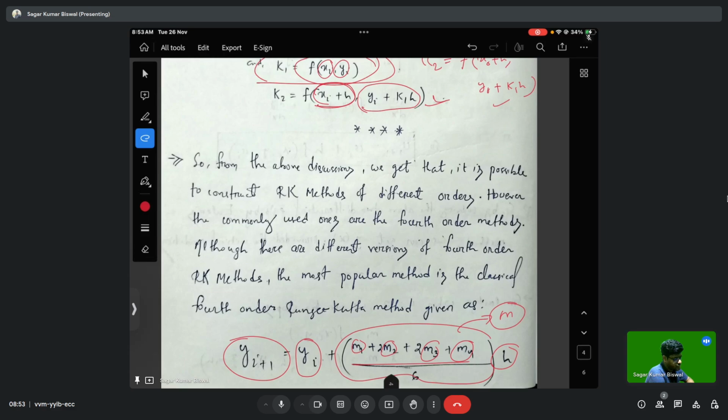So here this m is the weighted average of slopes at 4 different points, m1, m2, m3, and m4. And what are the weights? The weights are like this: 1 by 6, 2 by 6, again 2 by 6, and again 1 by 6. Right? These are the weights at the points m1, m2, m3 and m4.